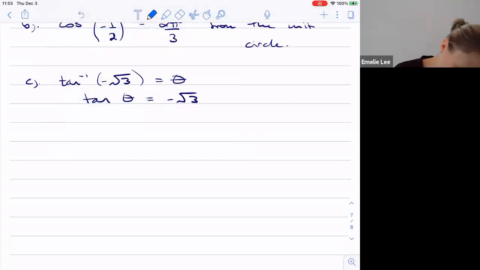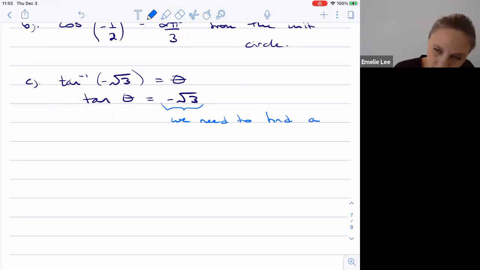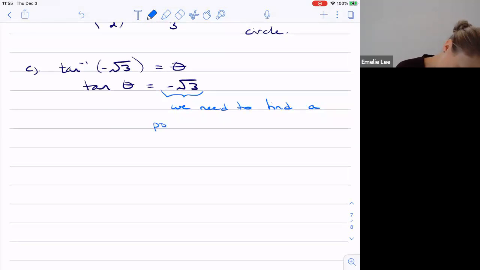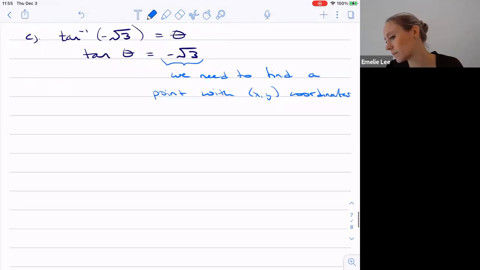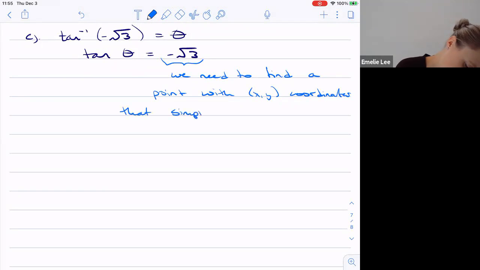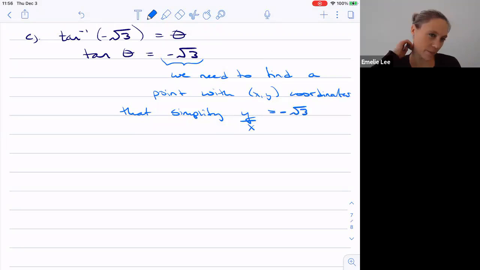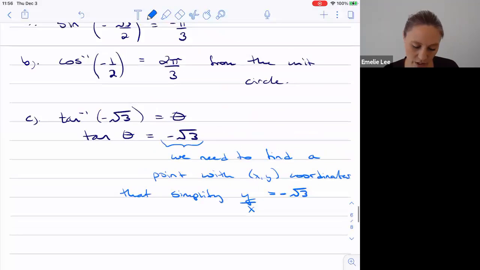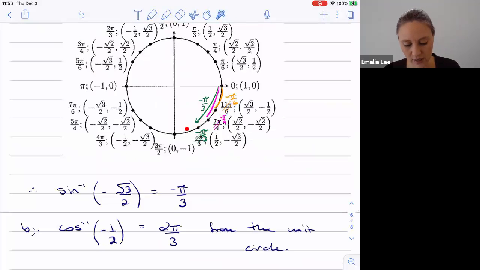So again, we need to find a point with xy coordinates that simplify y over x to be -√3. That negative can come from either the y or the x, right? In this case, because we're talking about tan, we're restricted to this half, so it's going to come from the y.